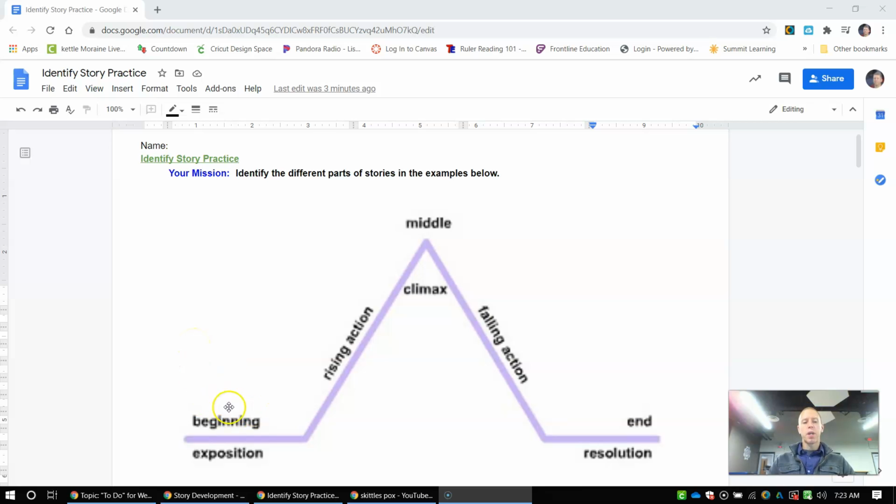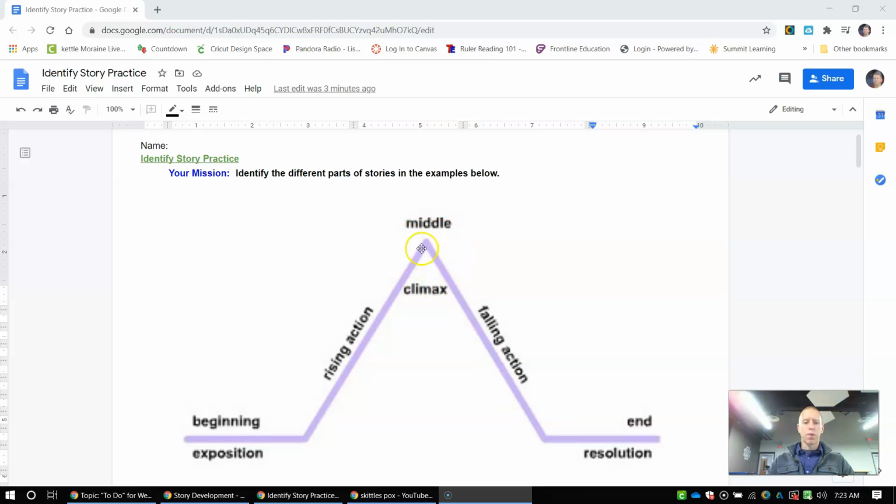The very beginning of the piece lets us know where we are, where the characters are, what's going on, and what the rules of the environment are. Then we have the rising action, which would be the little issues or problems that come up that result in the climax, the big main event, the big exciting thing or the big crucial problem.